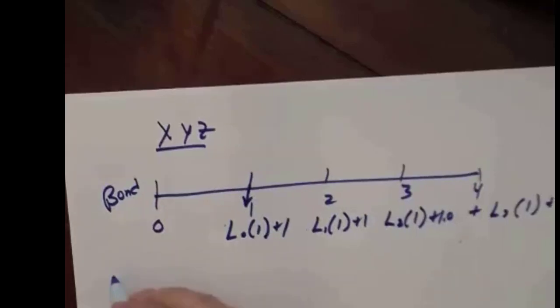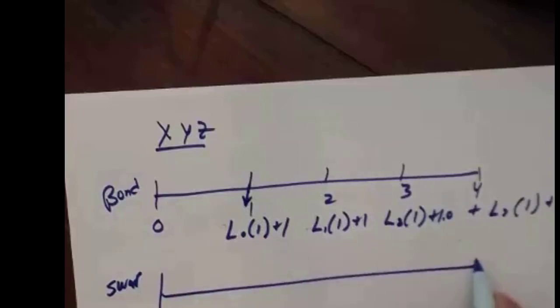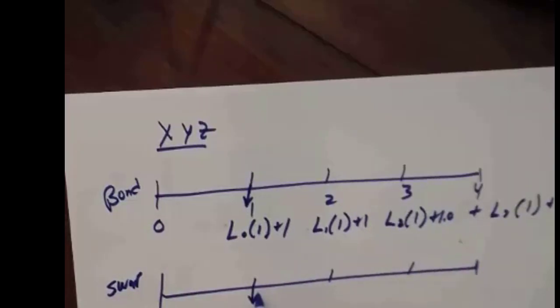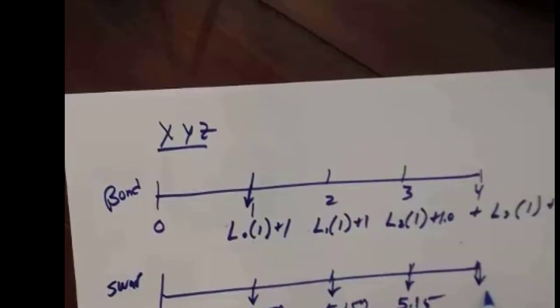Okay. Now, XYZ enters into a swap. And what it does is it pays 5.15%. That's pays out, the negative arrow.